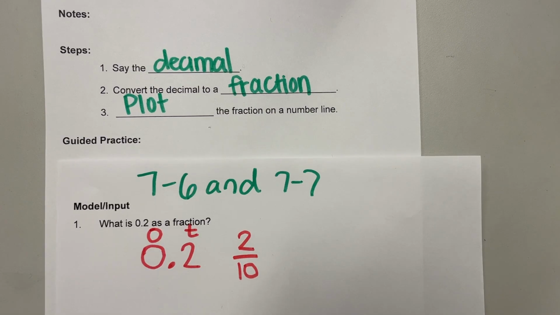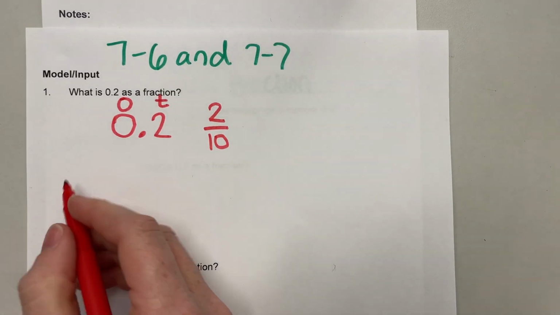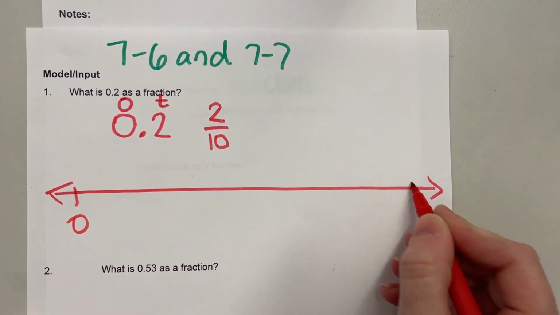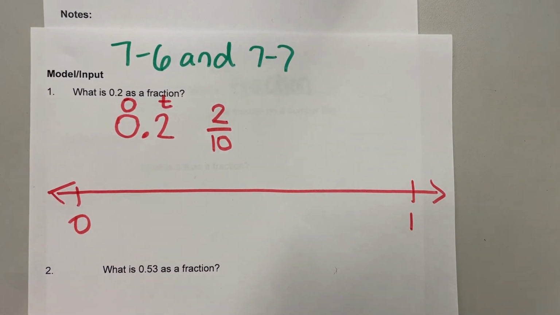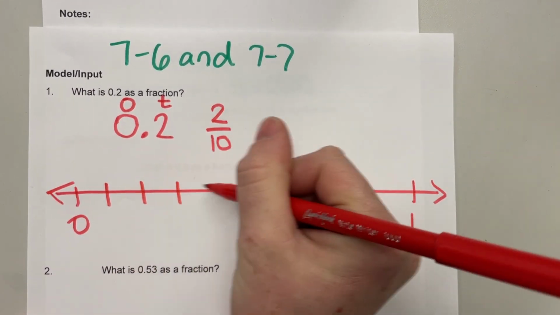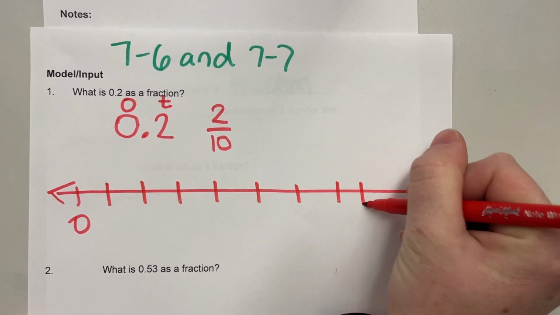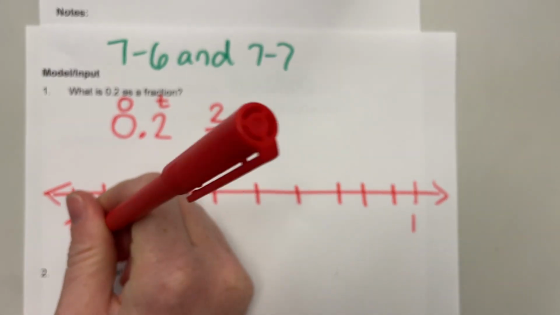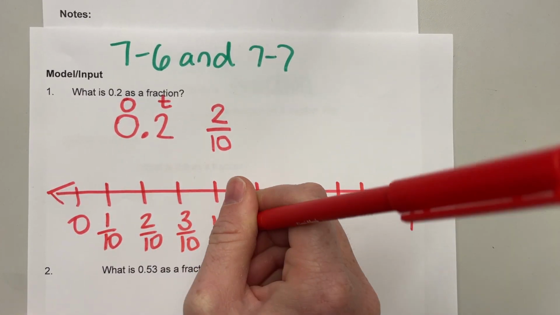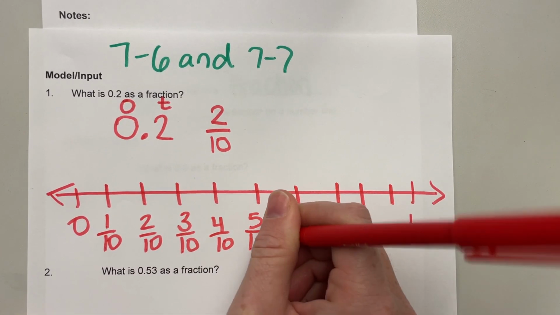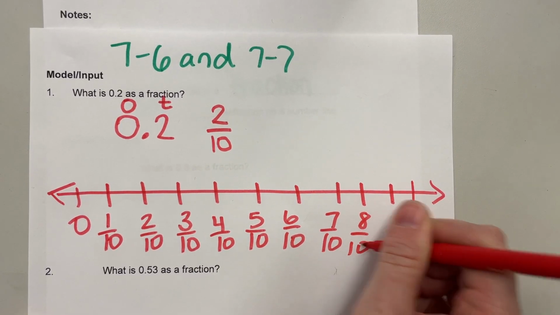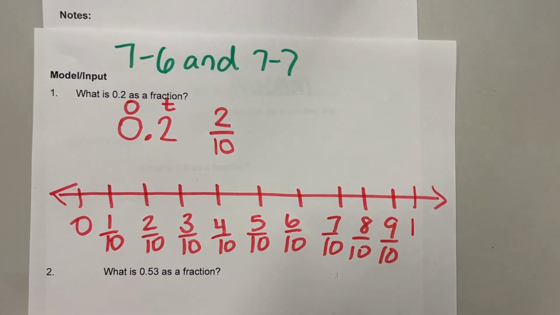Okay, and then I need to plot the fraction on a number line. So I'm going to draw my number line. I'm breaking it up into how many parts? Tenths, so 9 lines. 1, 2, 3, 4, 5, 6, 7, 8, 9. So I have 1/10, 2/10, 3/10, 4/10, 5/10, 6/10, 7/10, 8/10, 9/10, and then 1 whole.